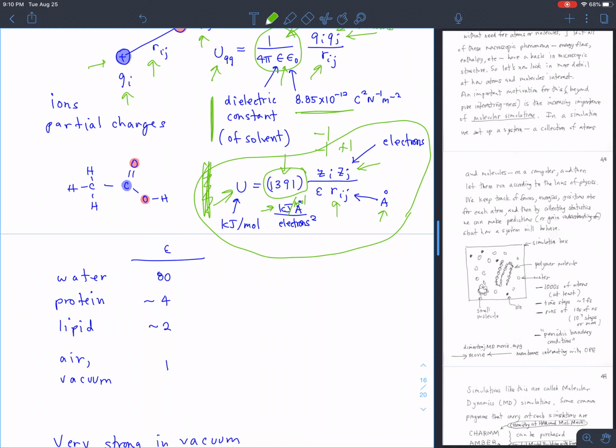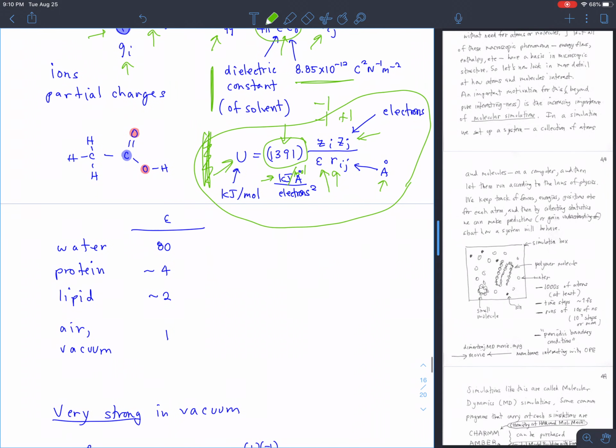The only thing that's left then to talk about is this dielectric constant. The dielectric constant represents the fact that if I have a charge here and a charge here, and now I have a polarizable medium in between, something like water, then all the dipoles in this water will arrange themselves so as to partially cancel.